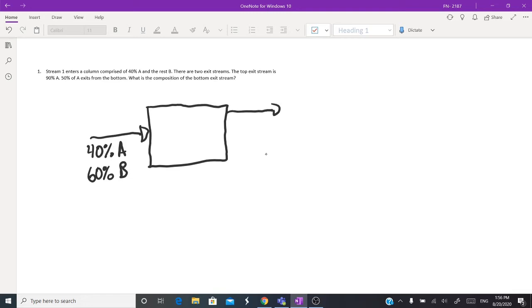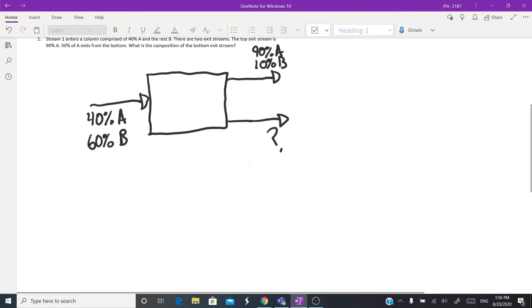On the top, we have a stream that is 90% A, so that would mean there's 10% B. And then we have a stream on the bottom. It says that 50% of A exits on the bottom, but you're looking for the composition of the bottom, so we do not know that yet.